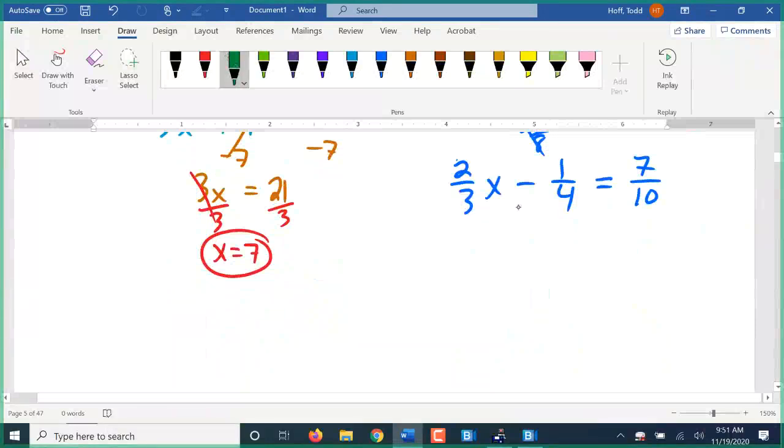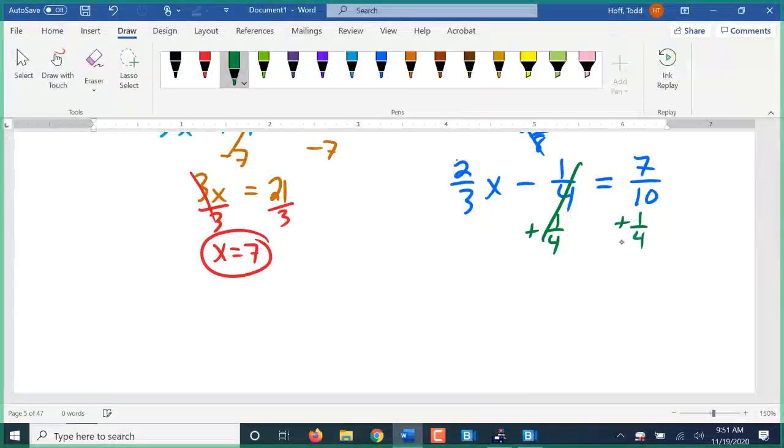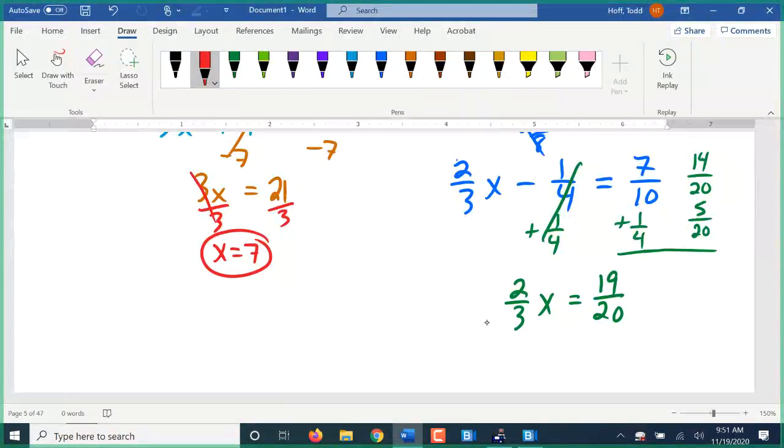Now we will add the 1/4. So on the left side, we just have 2/3 x. On the right side, we need a common denominator, which will be 20. 7 times 2 is 14/20. 4 times 5 makes 20, so 1 times 5 is 5/20. 14 plus 5 is 19/20. Now we'll divide by the 2/3.